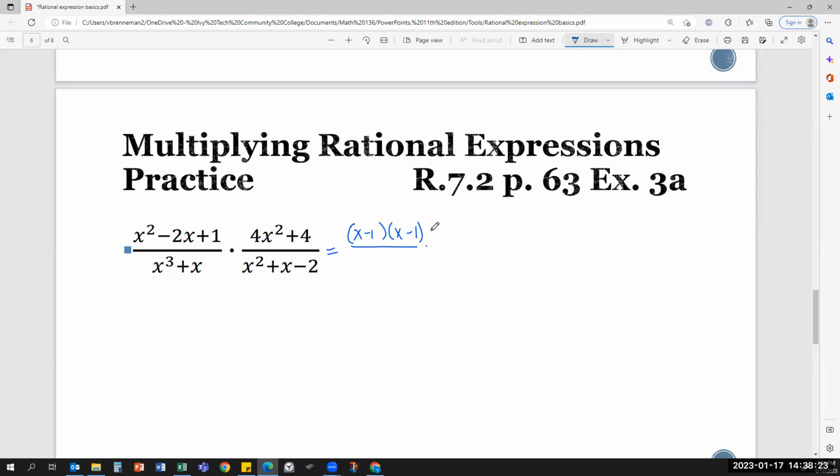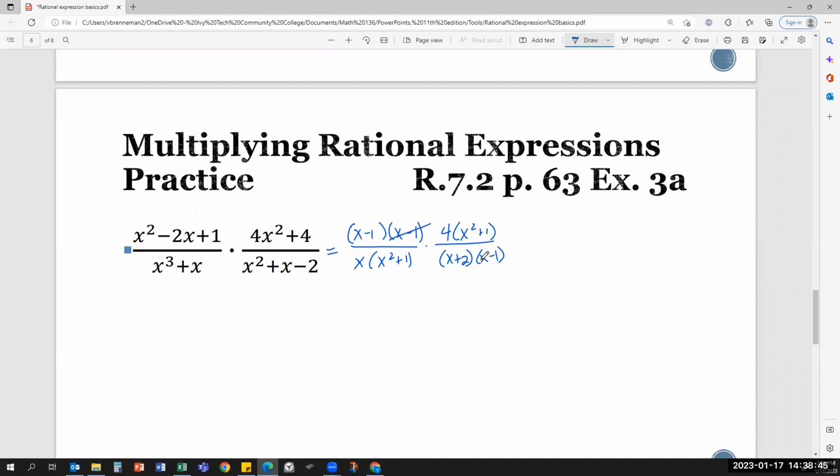It's just part of what's being used to do this. On the bottom, x cubed plus x is x times x squared plus 1. And then 4x squared plus 4 is 4 times x squared plus 1. And then x squared plus x minus 2 is x plus 2 times x minus 1.